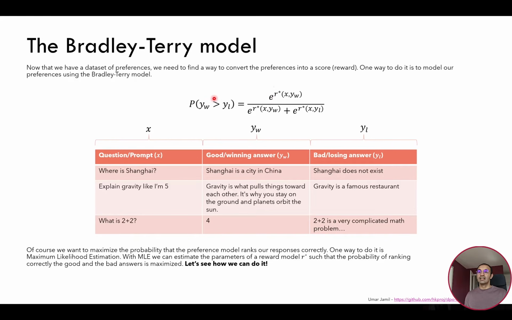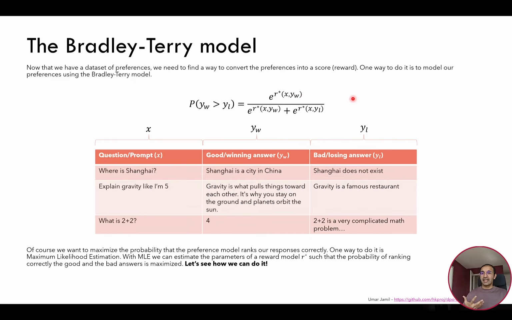And also the probability assigned to the correct preference, so the probability of choosing the correct answer over the wrong answer, so the one that is chosen by the annotators over the one that was not chosen by the annotators. Here I call it winner and loser, because also in the DPO paper they call it winner and loser. It is modeled like this, so it is proportional to the exponential of the reward that was assigned to the winning answer.